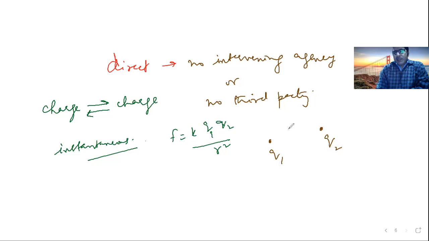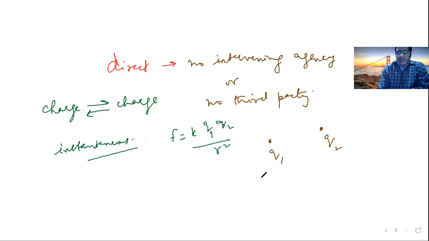Because when we say the effect is instantaneous, Q2 senses the movement of Q1 with no time delay, irrespective of the distance between them. Instantaneous means the signal of this effect moves from Q1 to Q2 at infinite speed.